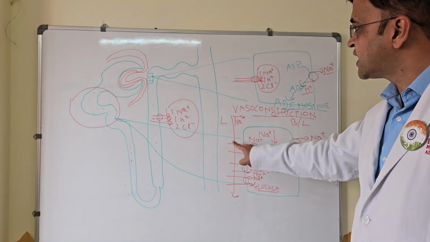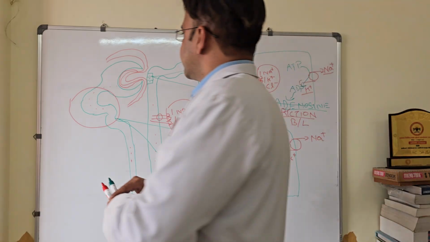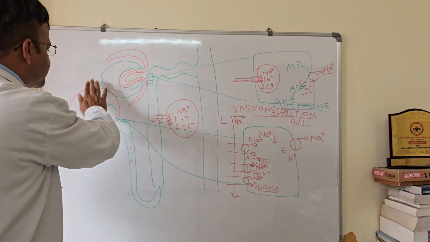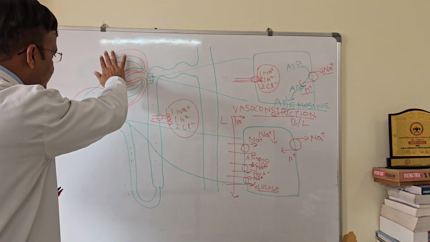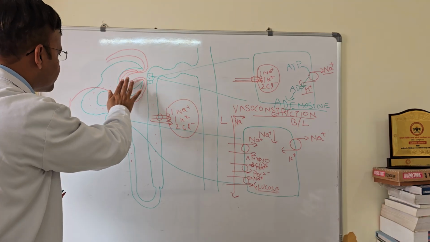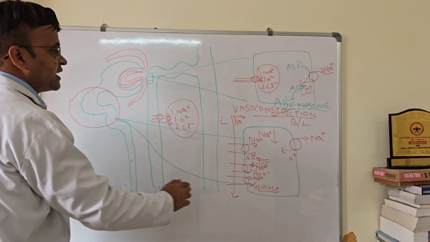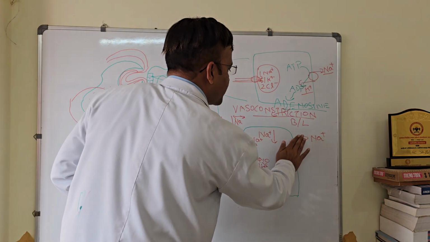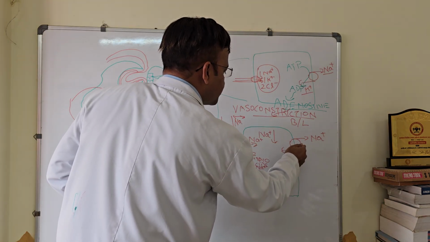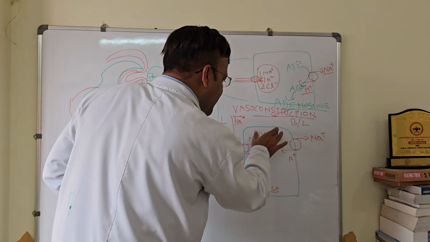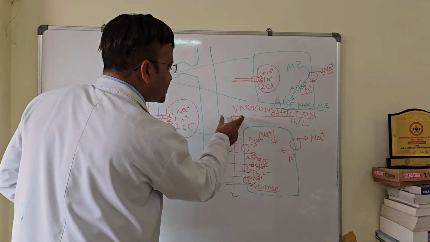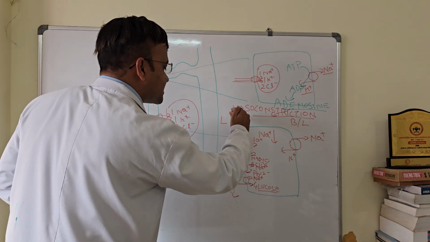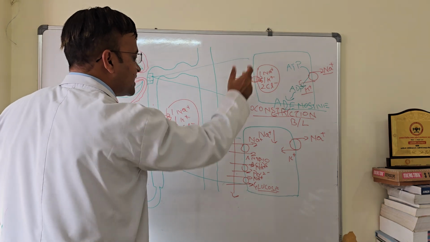The diagram we have already drawn, this diagram of the PCT, right? Suppose any filtrate gets filtered from the glomerulus and enters the PCT. We have got the sodium potassium pump over here. The sodium potassium pump will pump the sodium out and potassium in. The sodium inside the cell will decrease, and outside in the filtrate we have got the same amount of sodium as in the plasma.